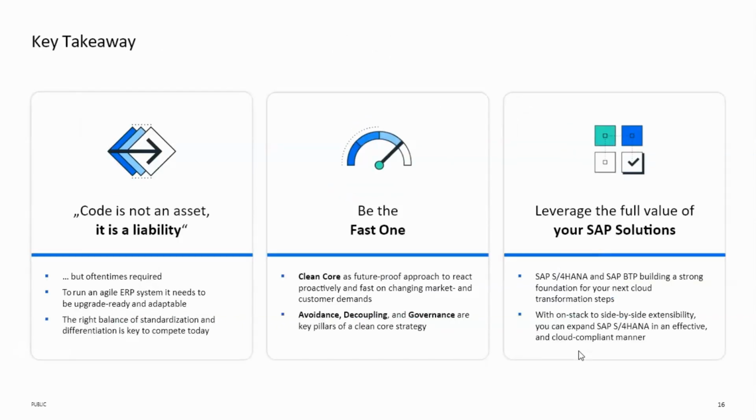Now, code is not an asset, it's a liability. It often looks like code was an asset in the past. We considered it so, but today we consider it a liability. If we take the reference of the book called Software Engineering at Google, the authors mention the idea that code should be regarded as a liability rather than an asset, because they're getting at the fact that keeping code up and running isn't free.